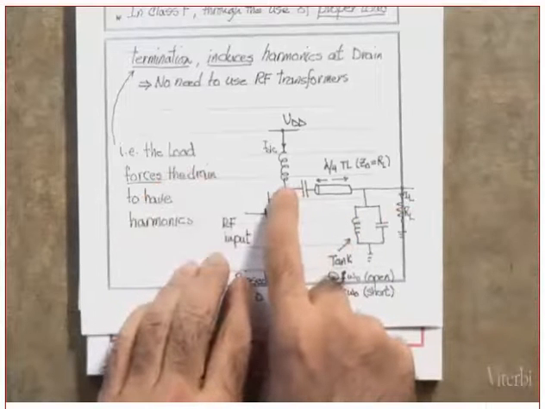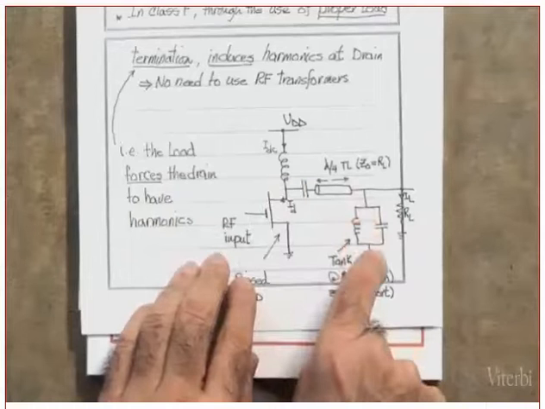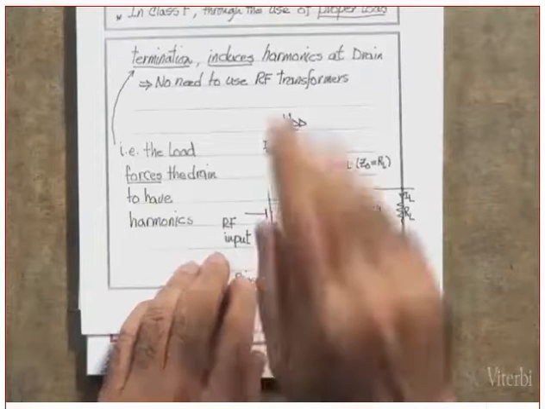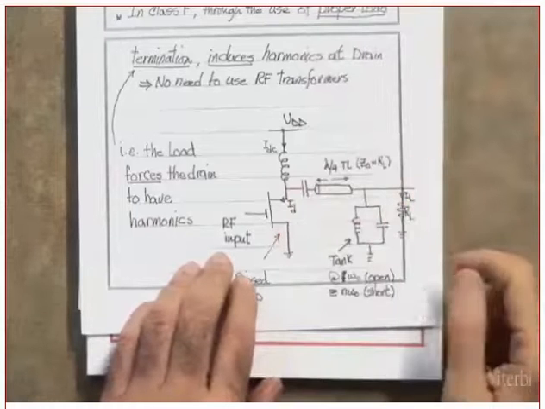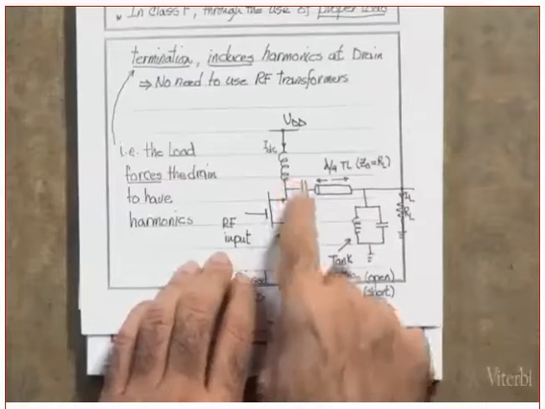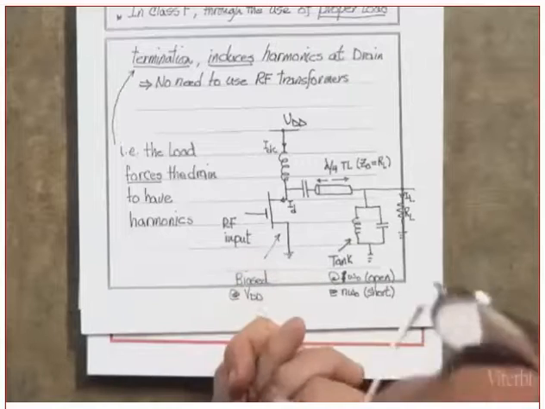All the harmonics are supposed to go in here. Did you get this or not? You would like to keep it there. In other words, don't let it go anywhere. Are you following me or not? Whereas the even harmonics, you would like to go to the ground. Did you get this or not?